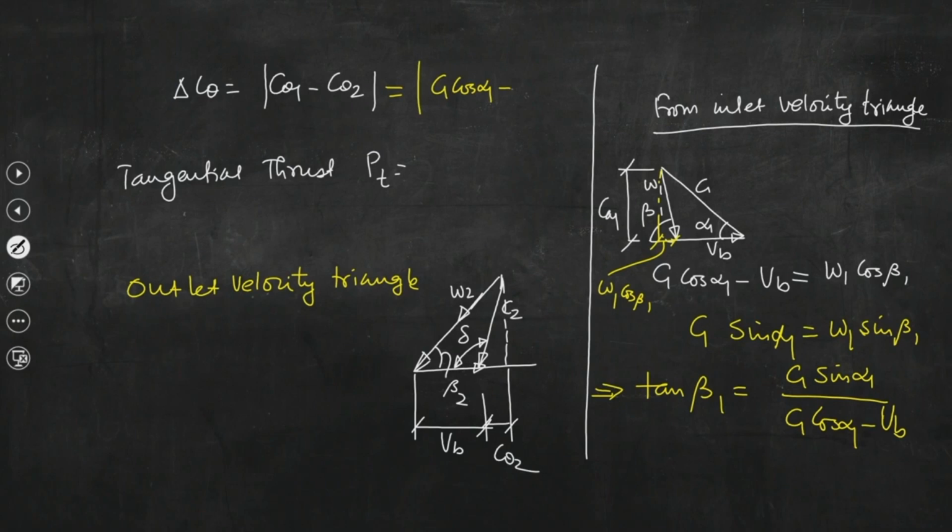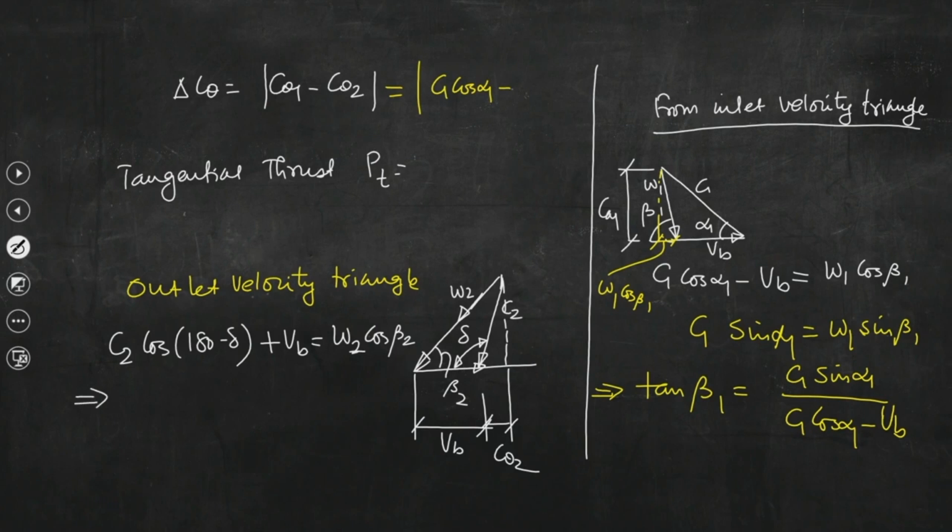So, C2 cos (180 minus delta) plus Vb equal to W2 cos beta 2.